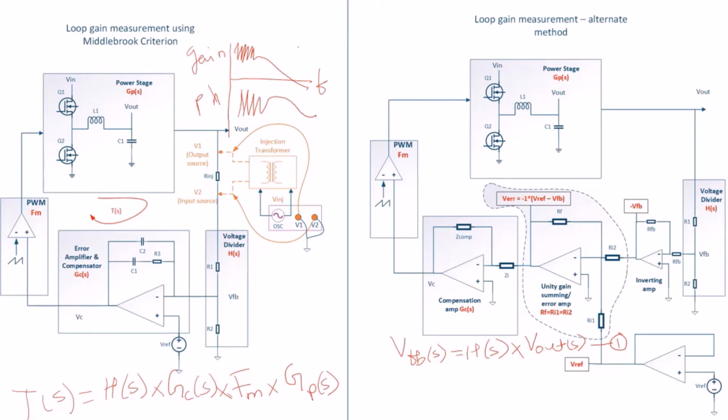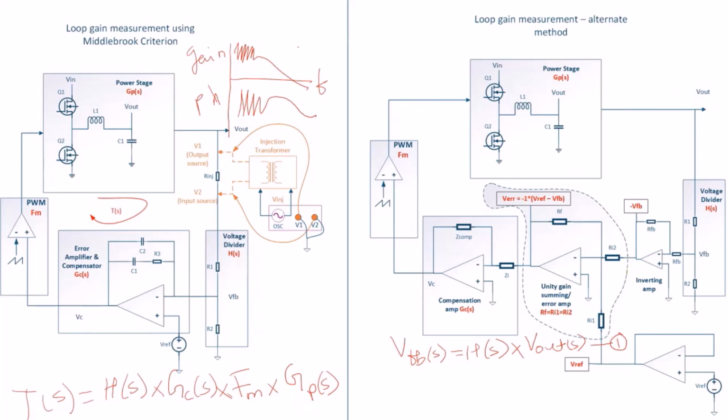My second equation, now on a similar note, I reach V output when this error signal goes through all these transfer function blocks. So my error signal goes here to this transfer function block and I get an output voltage.